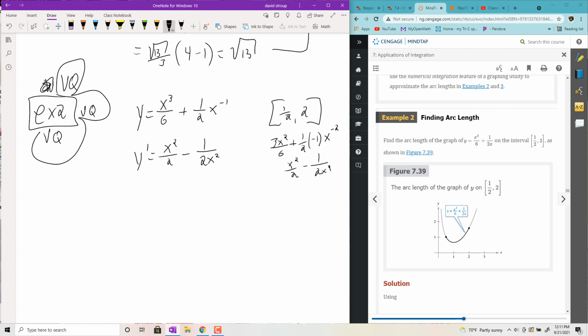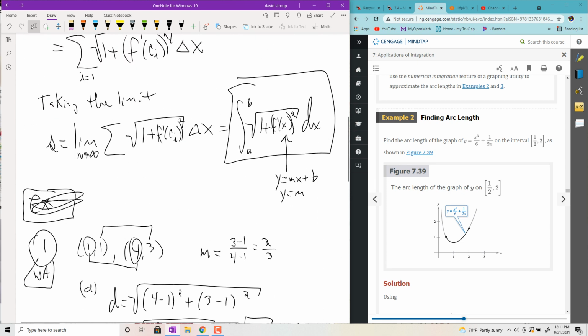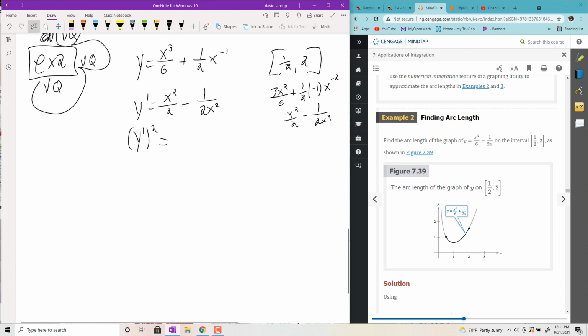You may want to go ahead and FOIL it, because you're going to have to get the derivative squared for our formula. So just remember what the formula is. It's the derivative squared. So sometimes they'll want you to do that. Just get it out of the way. So anyways, to multiply that out, you can bring out the 1/2, and then you have x squared minus x to the negative 2, squared.